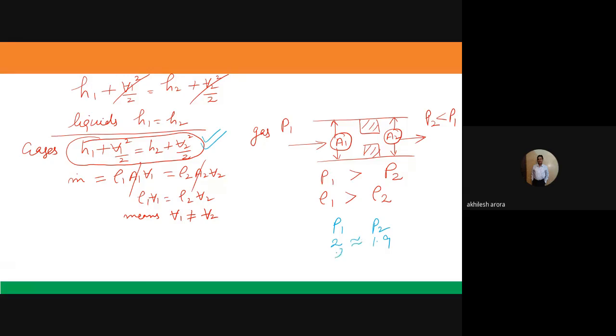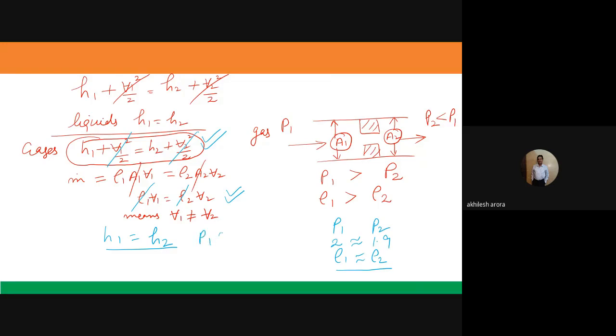When rho 1 is equal to rho 2, this can cancel out, and I can say V1 is equal to V2, and then the velocity terms will cancel out, and I will be left with H1 is equal to H2. But this is valid only when for the gas P1 is approximately equal to P2.